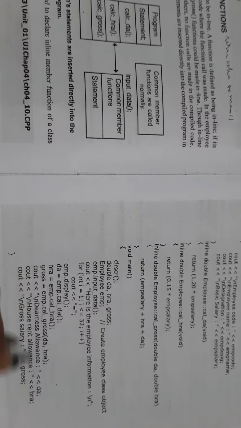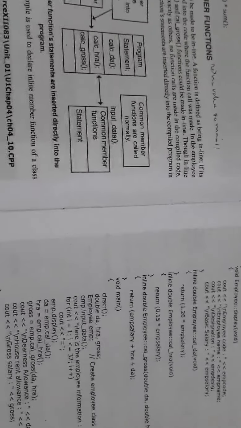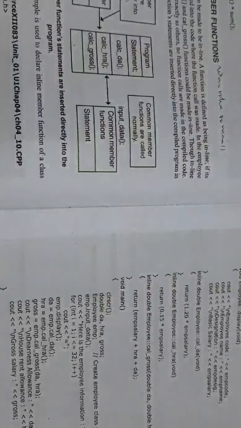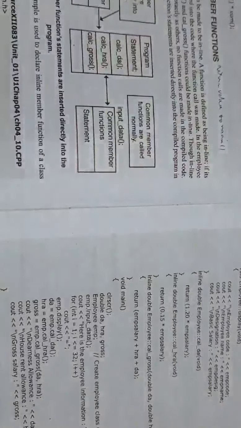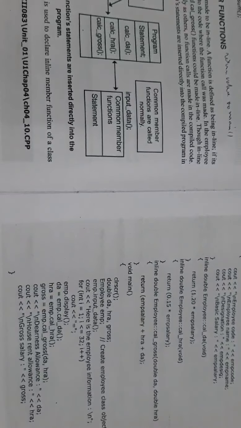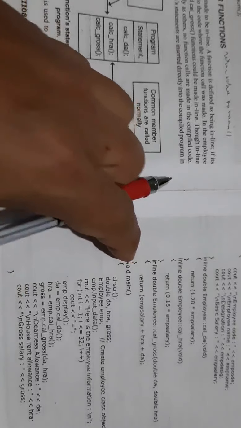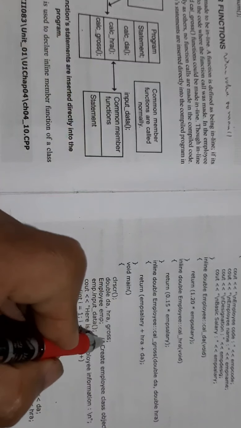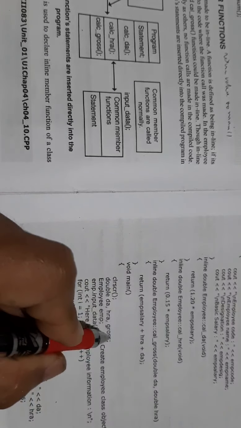Dearness allowance da, house rent allowance hra, gross salary gross. So here, what changes do you notice in this program, apart from the use of inline? You can see that in the main function the variables are declared. Why are the variables declared?